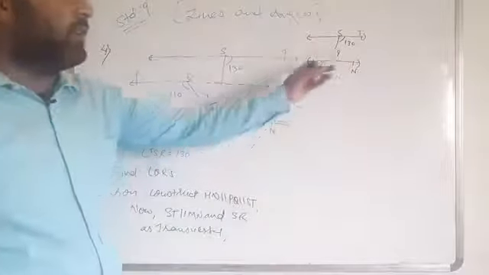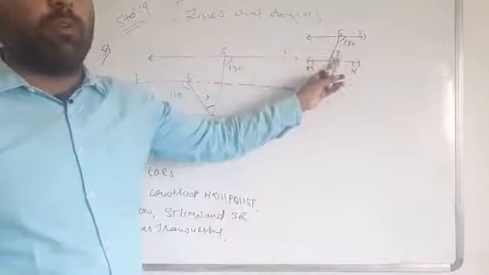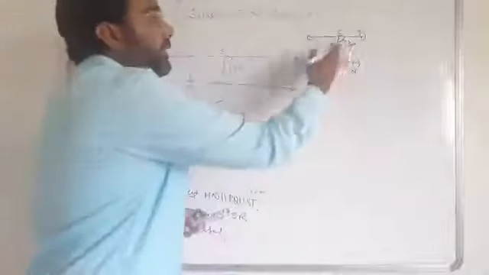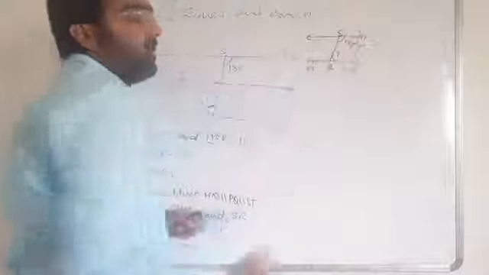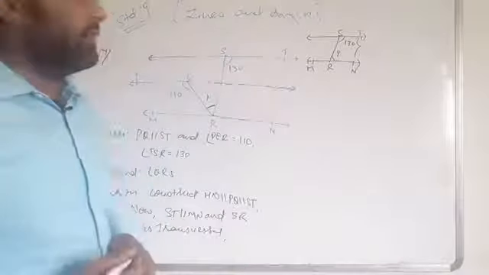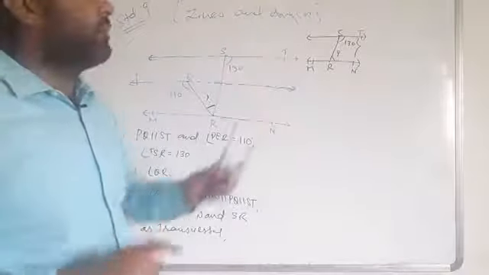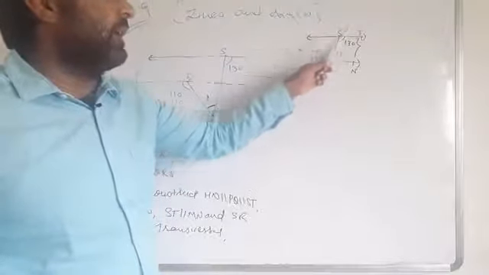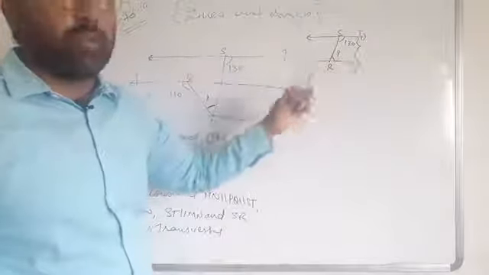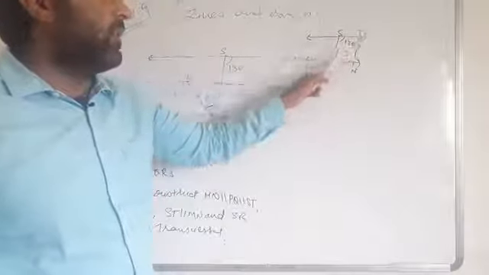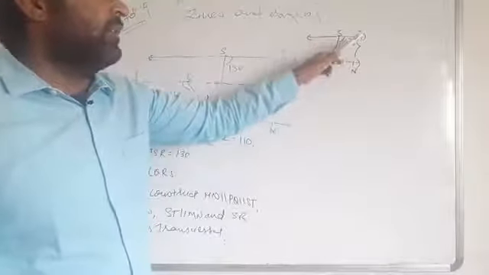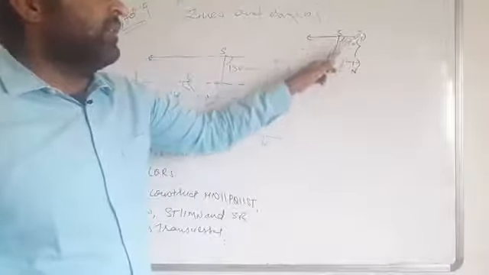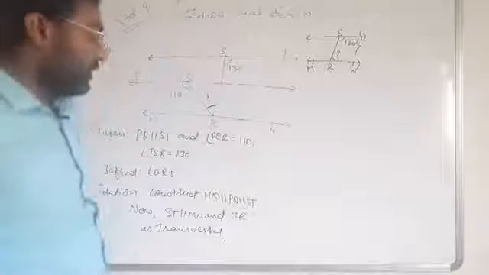These two angles are co-interior angles because they are formed between the two parallel lines on the same side. So TSR plus SRN total to 180 degrees, these are co-interior angles.